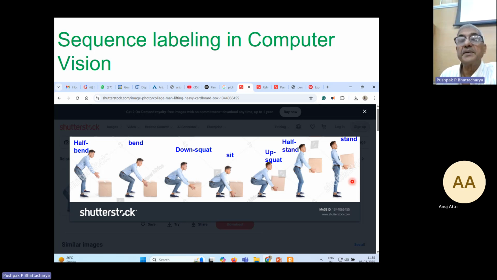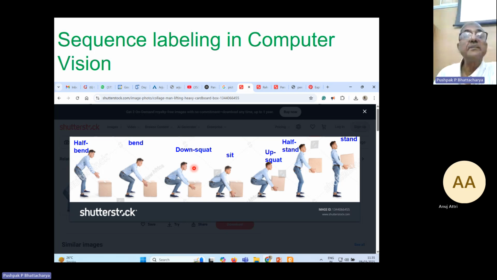The postures are the observations, and the labels for the states are to be given. So labels are called the hidden states or the hidden variables. Okay, so the postures are observations and the labels are the hidden states. So this is a situation which requires sequence labeling in computer vision scenario.